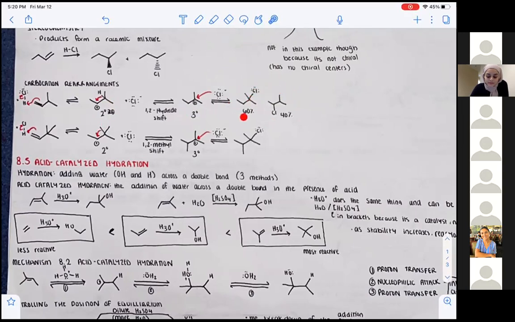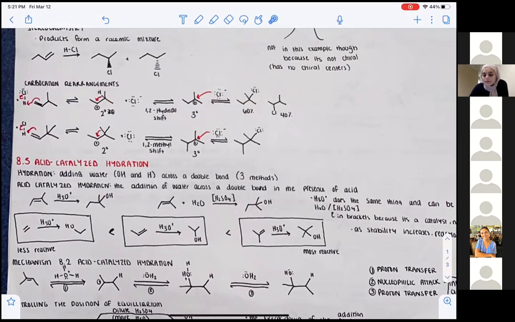So 60% of the product is forming this more stable one, and 40% is forming that one. So he would probably end up asking a question like, if you have this, what is the major product? And the major product would just be the one where more product is being formed.